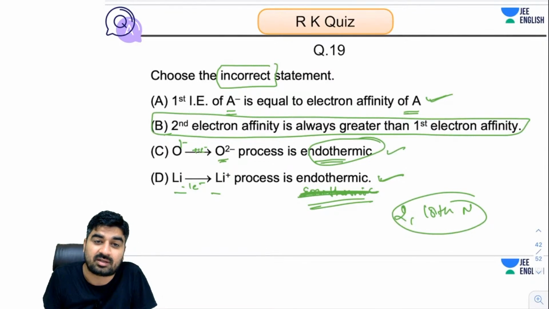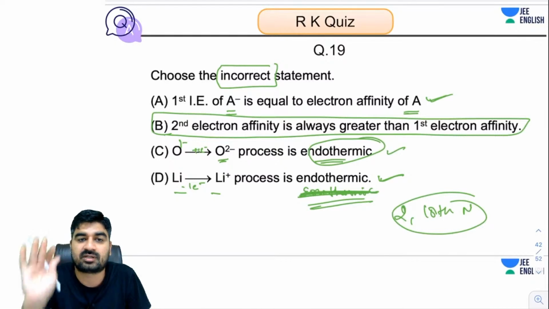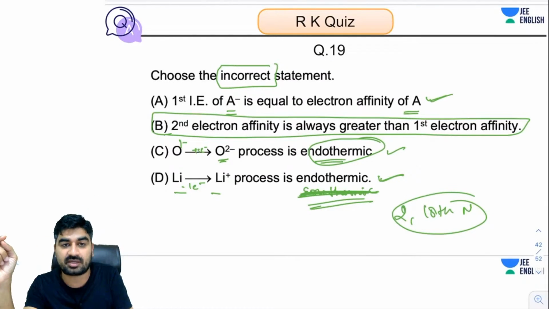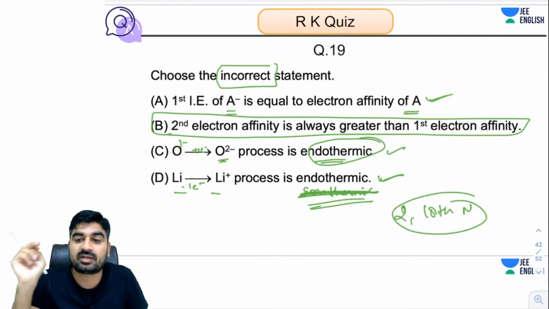It is not necessary, but we can say second electron gain enthalpy will always be positive. Not electron affinity, electron gain enthalpy. So second electron affinity will be negative, but the magnitude we can't predict. In case of ionization energy, we can say the magnitude of second ionization energy will be greater than first ionization energy.